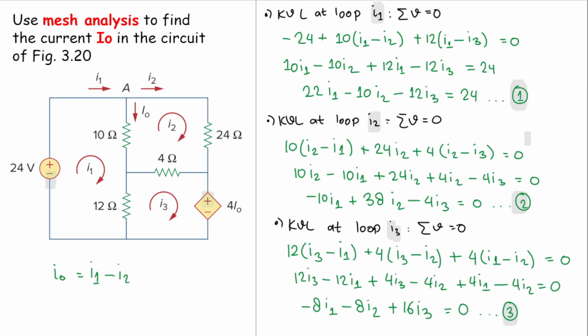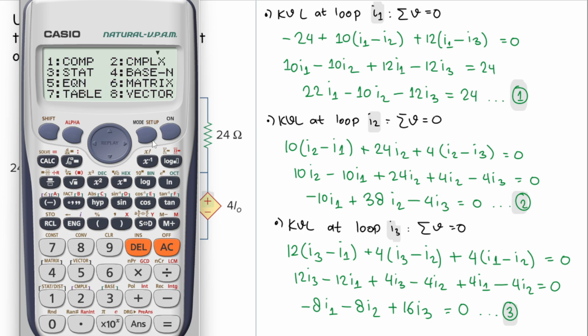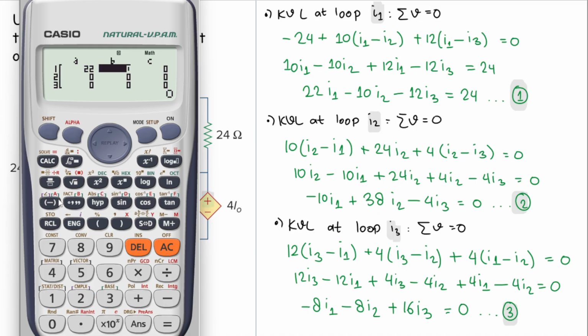The fastest way to solve this is by using a calculator. Okay, so let's set this up here as the equation solver, which is this button, and then number 5. We need 3 variables, so we will have number 2. Then let's plug in the coefficients of each equation. So I have 22, and then minus 10, and then minus 12, and then 24.